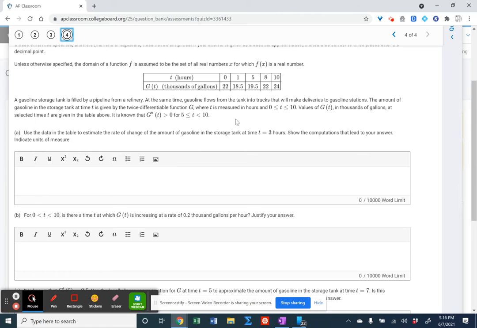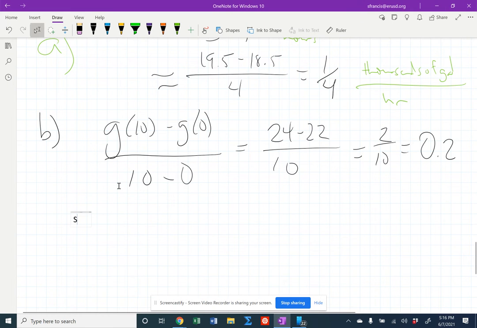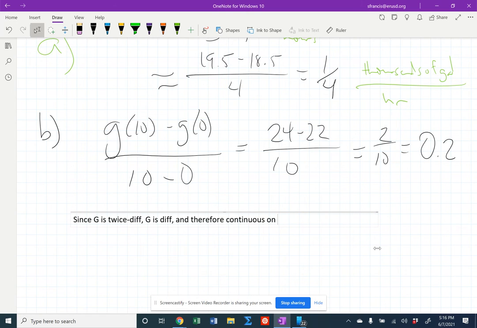So we could say something like this. Since g is twice differentiable, g is differentiable, and therefore continuous. And I'm going to add on [0, 10] because that's where this function is defined. So I got differentiability and continuity all in that statement right there.